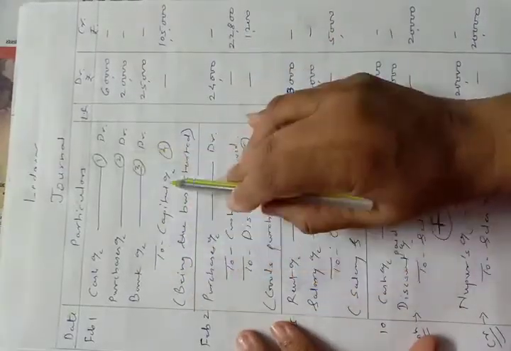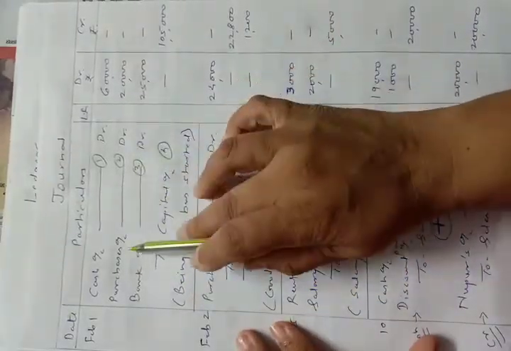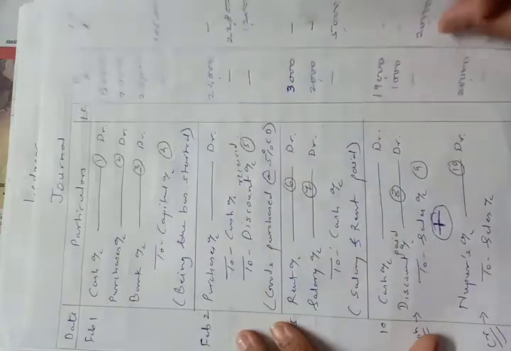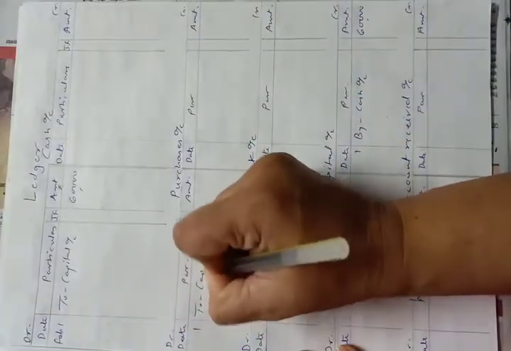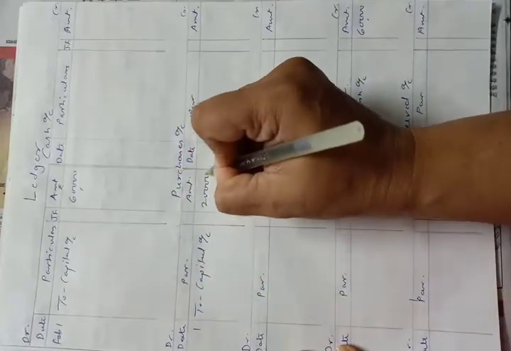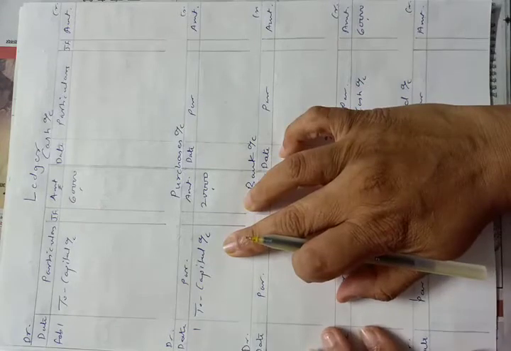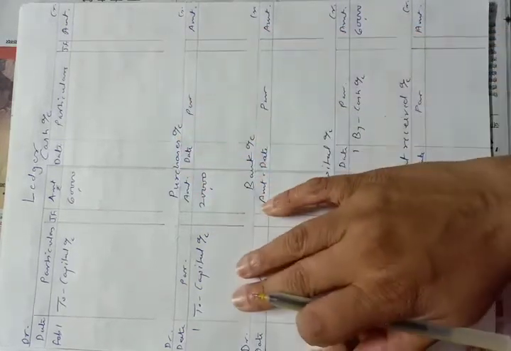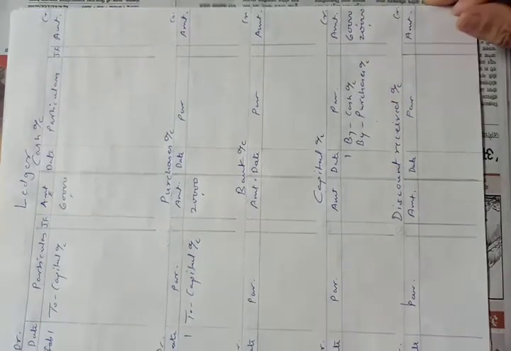Purchases account debit to capital account means on the debit side of the purchases account we have to write to capital account, 20,000. Now the second posting of this entry: debit side of purchases account to capital account means credit side of capital account by purchases account, 20,000. Okay.